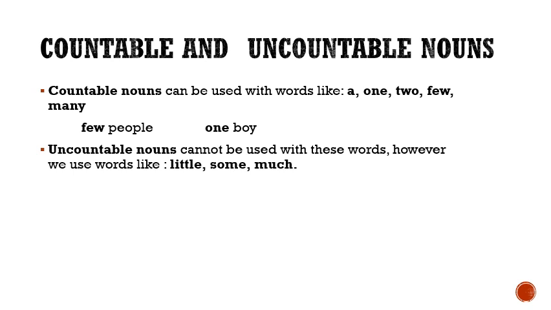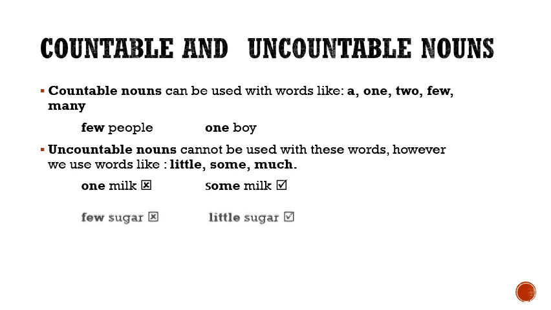However, we use words like little, some, much, etc. Like one milk is wrong, but some milk is correct. Few sugar is wrong, but little sugar is correct. So as I have told you earlier, few is used with countable nouns.